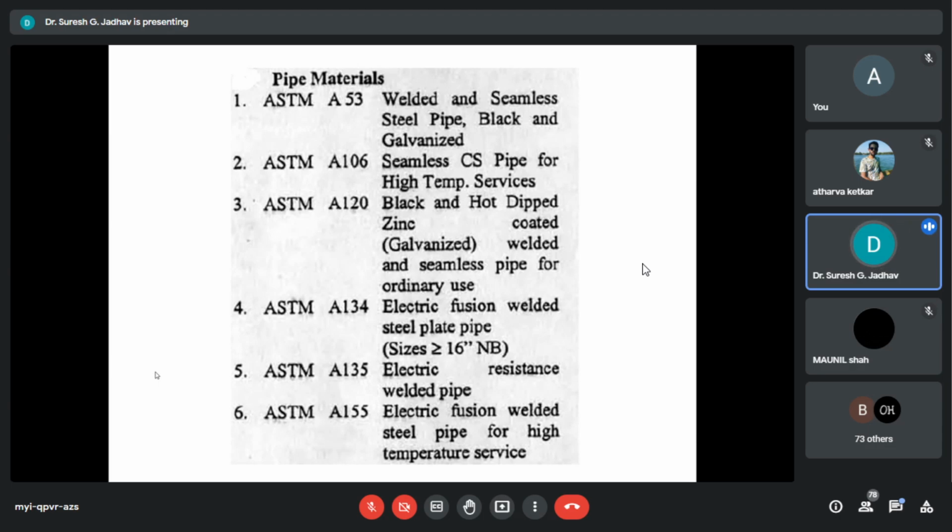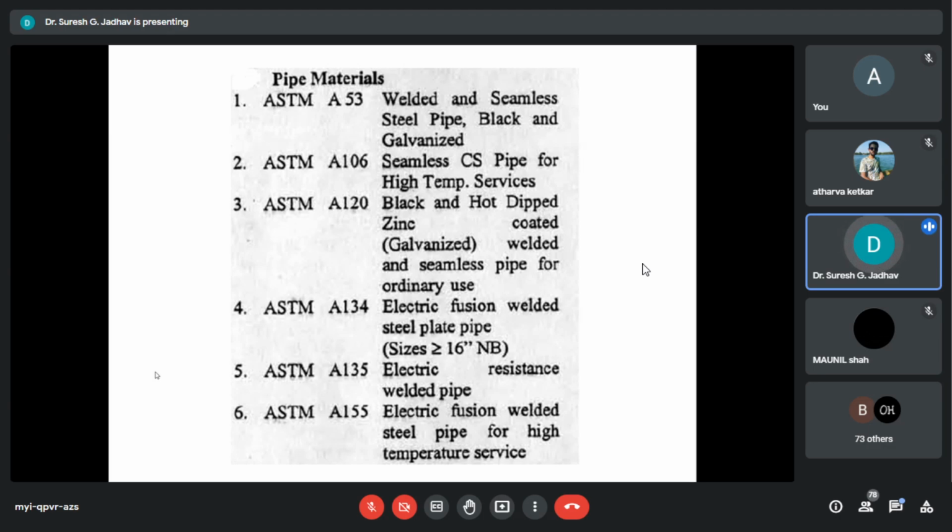And the third one is ASTM, that is American Society for Testing and Materials, A120. It's black and hot dip zinc coated, so we call it galvanized, welded and seamless pipe for ordinary use.